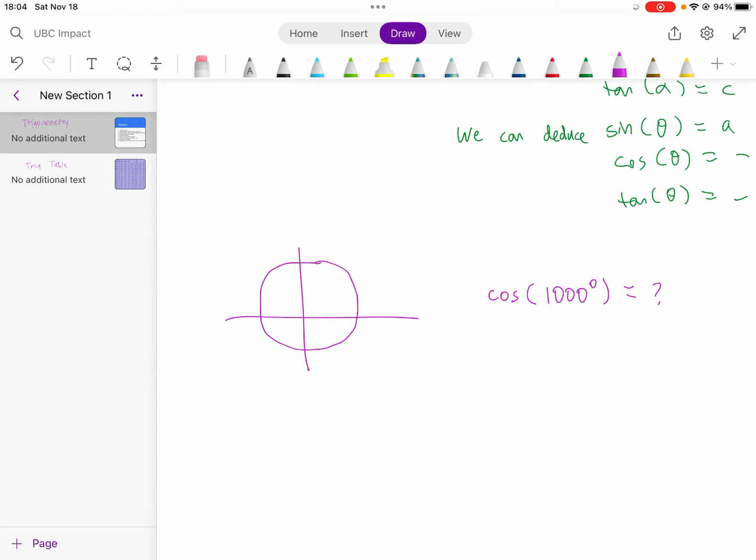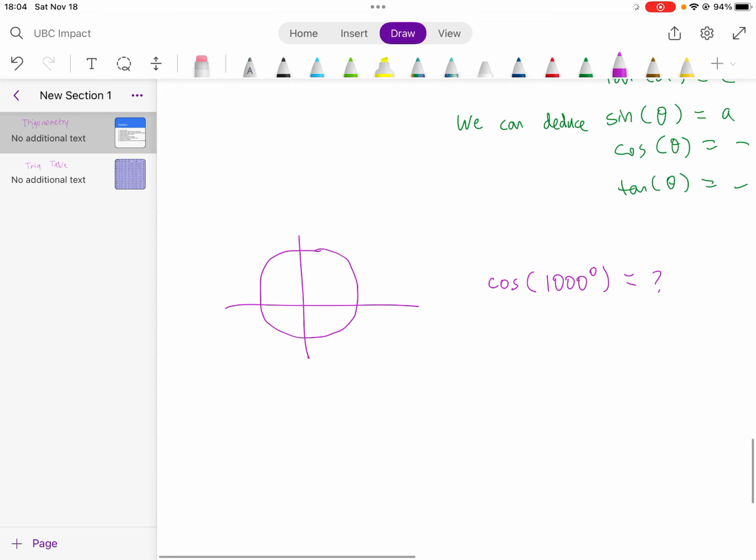So what is 1000 degrees? Well, 45 degrees goes here, 90 goes here, 135 goes here, 180 goes here, and then 360 goes here, right? So if you do this, you go 360, but you can keep going. 361 goes up again, and you can go round and round until you reach the angle.